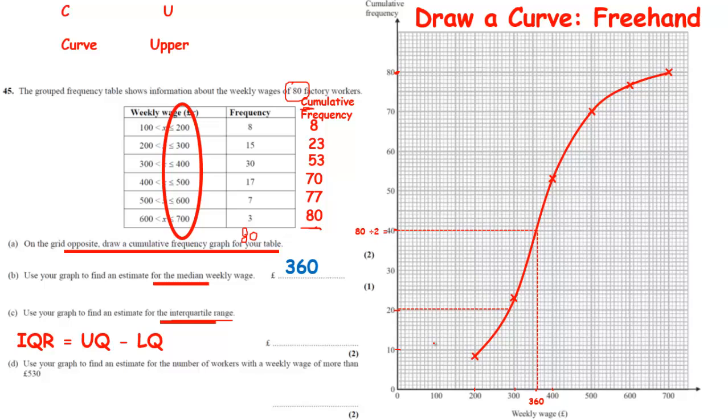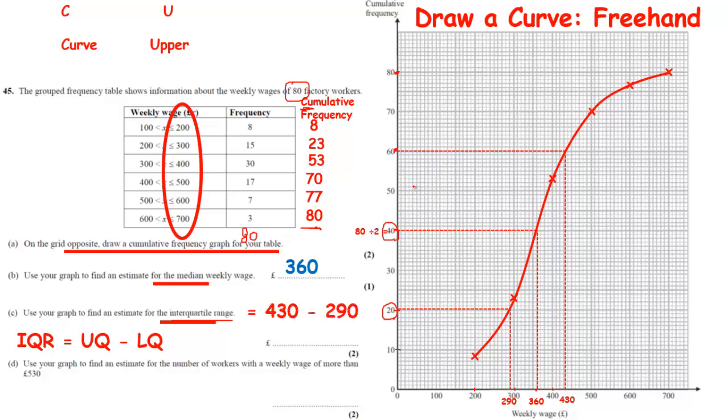So I go across from 20 and down, and I reckon that value is 290.